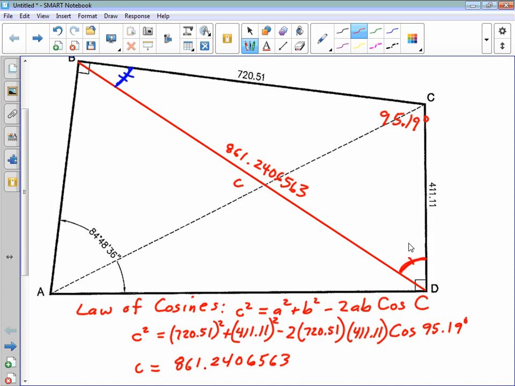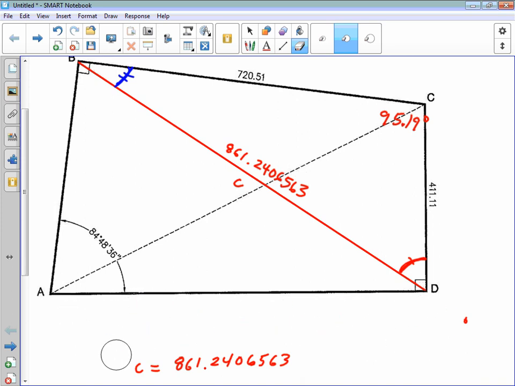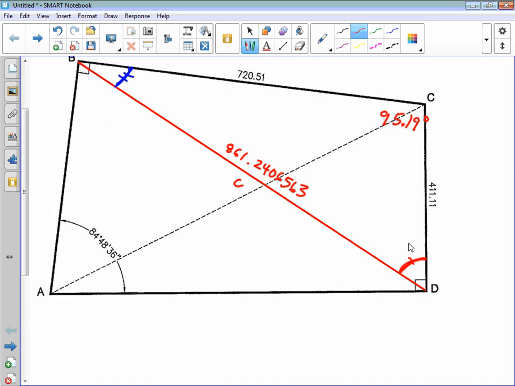Okay? So for now, I'm going to get rid of this so we can keep everything visible on our screen. You all can hopefully just write more. So now we can use the law of sines because we know some opposites. When we know that, we're good to go.